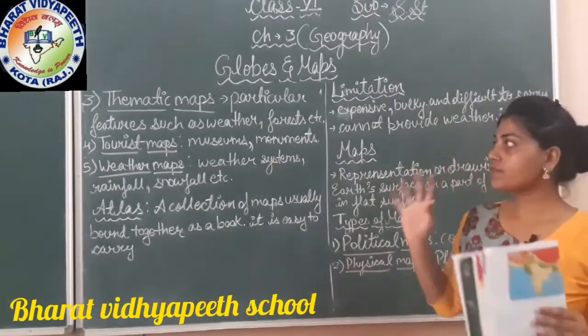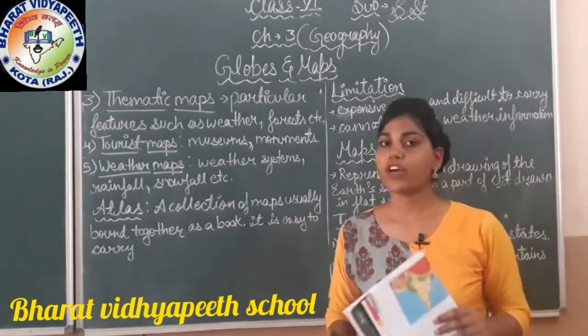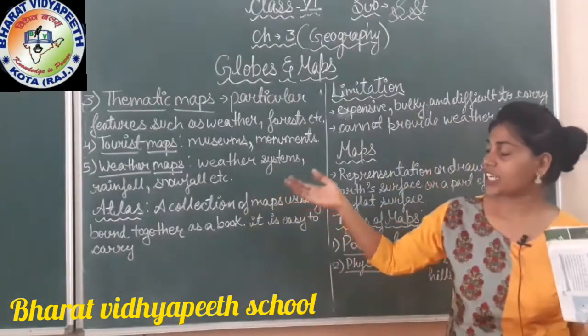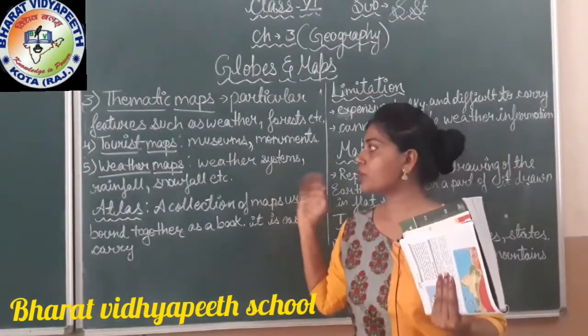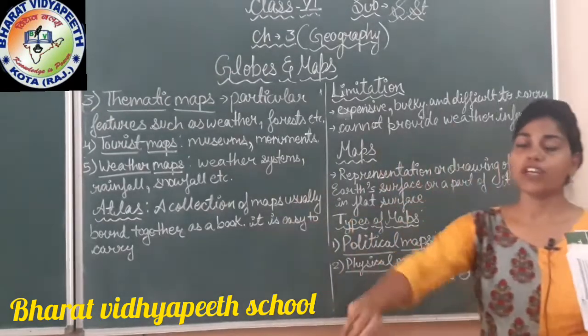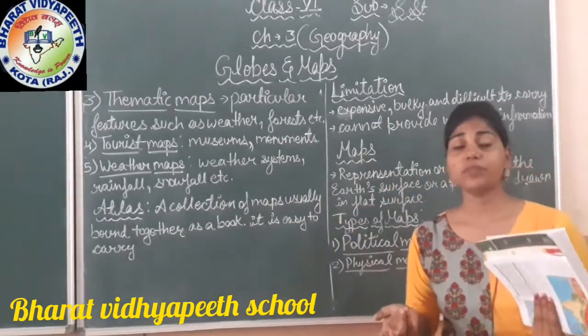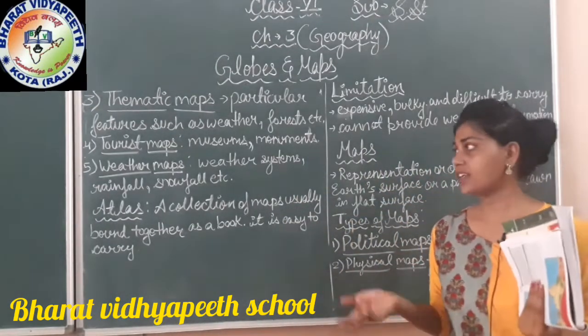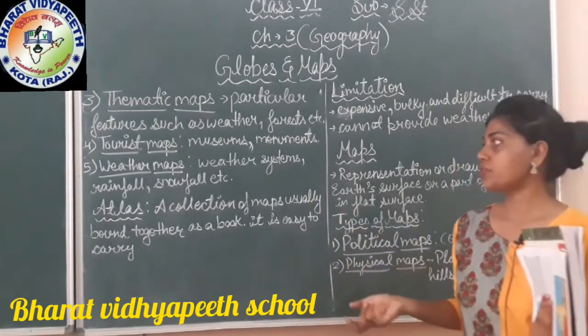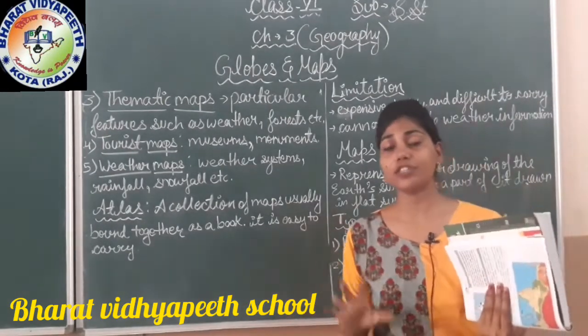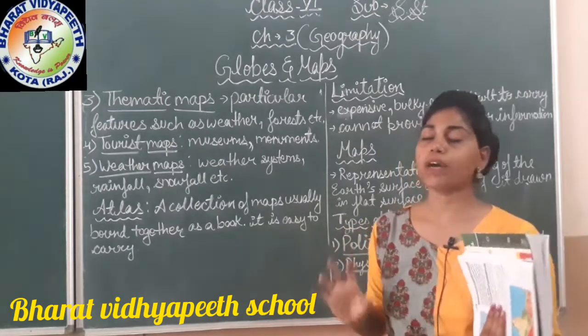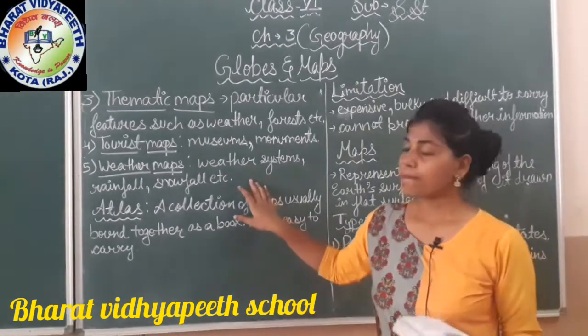All the information we get about the weather comes from the weather map. The weather map normally tells about the weather system, when there will be rain, when there will be no rain, or snowfall.